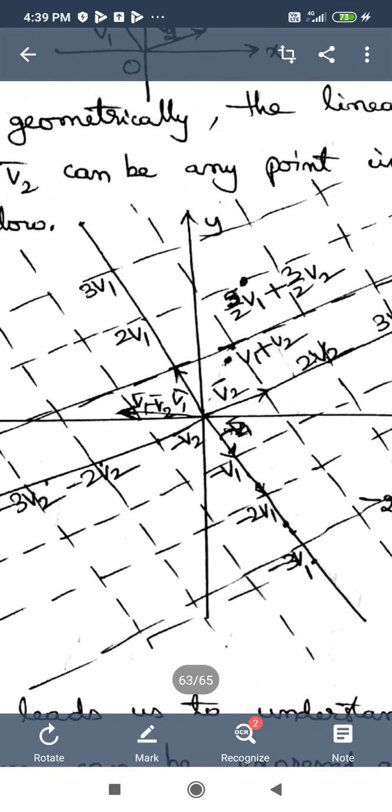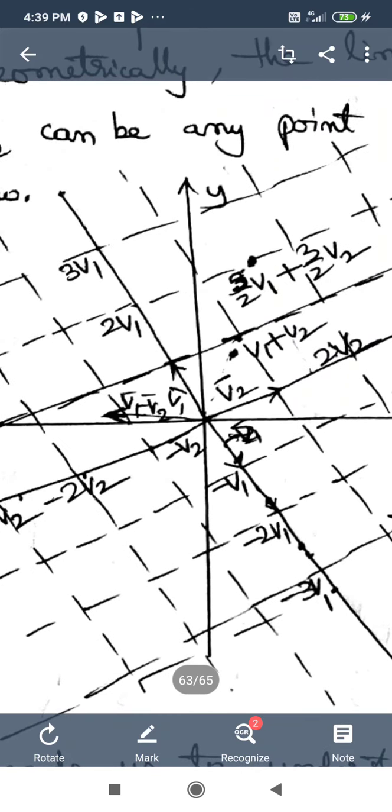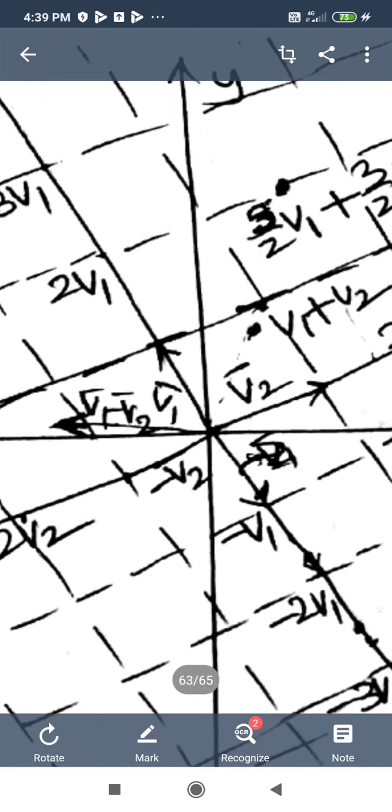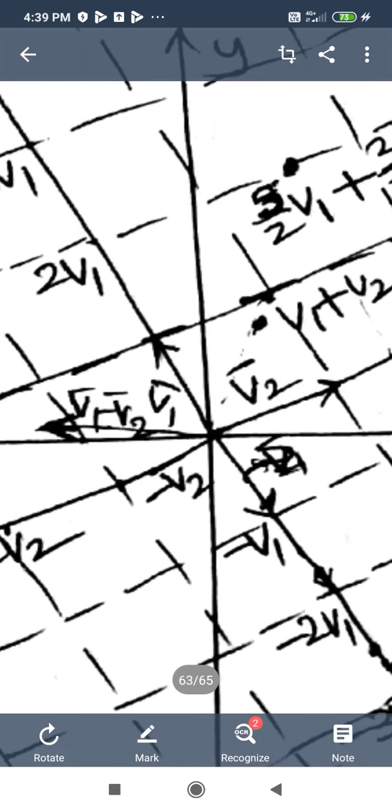In the same way, I have even drawn parallel lines to v1 bar, which are at a distance v2 bar from the origin, from the vector v1 bar. So see here, there are some parallel lines to v2 bar and parallel lines to v1 bar.